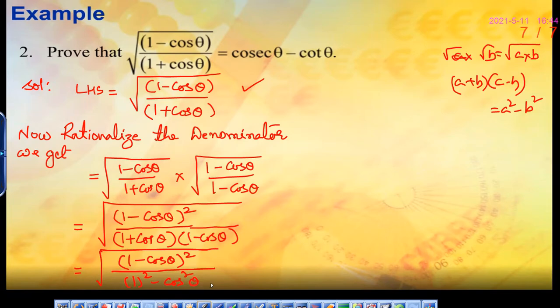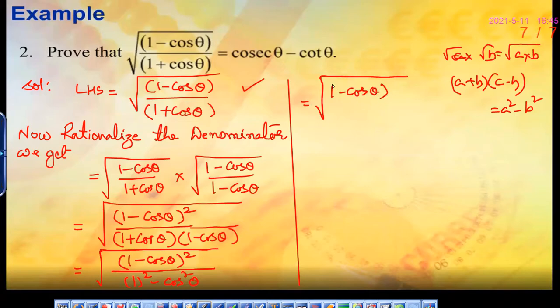What is the identity you have learned? 1 minus cos square theta is equal to sin square theta. So I will be replacing it here: under root of 1 minus cos theta whole square divided by, in place of 1 minus cos square theta, can I write sin square theta?